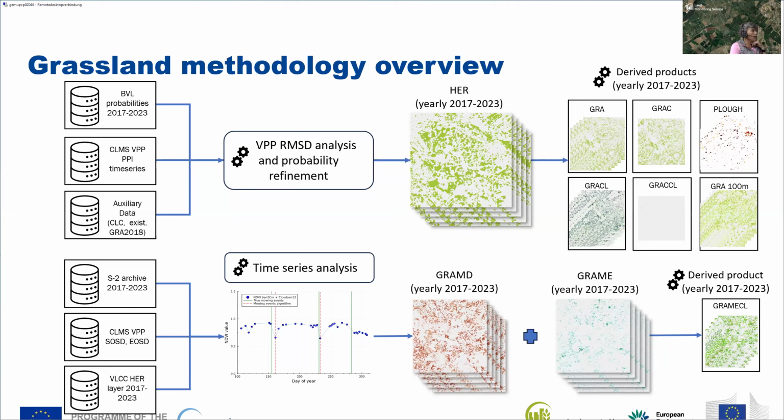So there we do a time series analysis. More or less, the mowing events are determined by looking for disturbances, so unusual sharp drops in biophysical signals, mostly in the NDVI, compared to reference values.